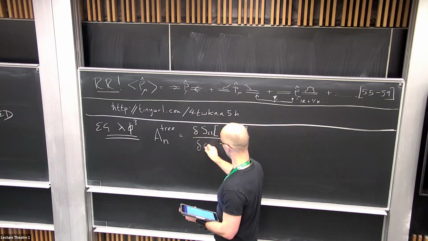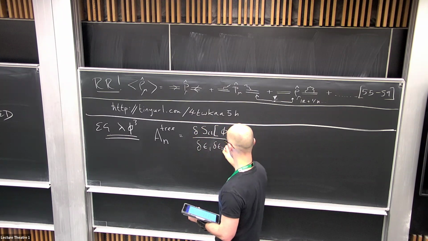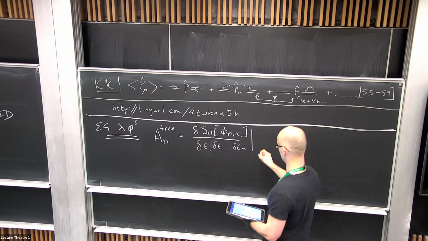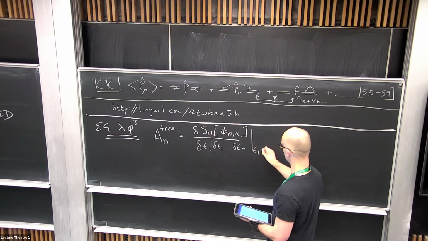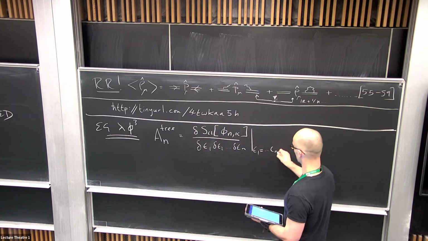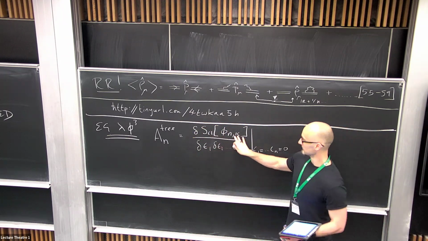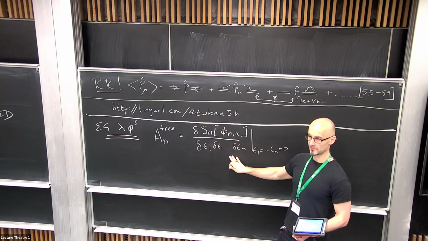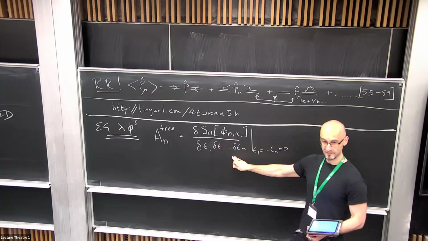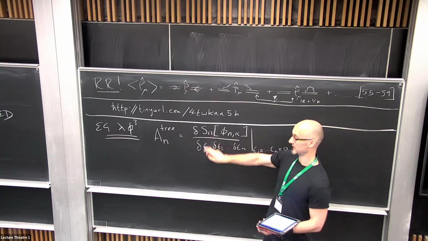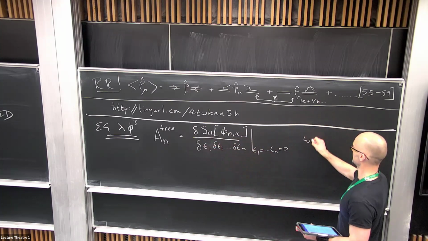Take a bunch of derivatives, and set all those epsilon derivatives to 0. Before we get into details, there's going to be some dependence on these parameters epsilon. I'm differentiating with respect to them, I'm setting them to 0. I'm just picking out some piece of the classical action.